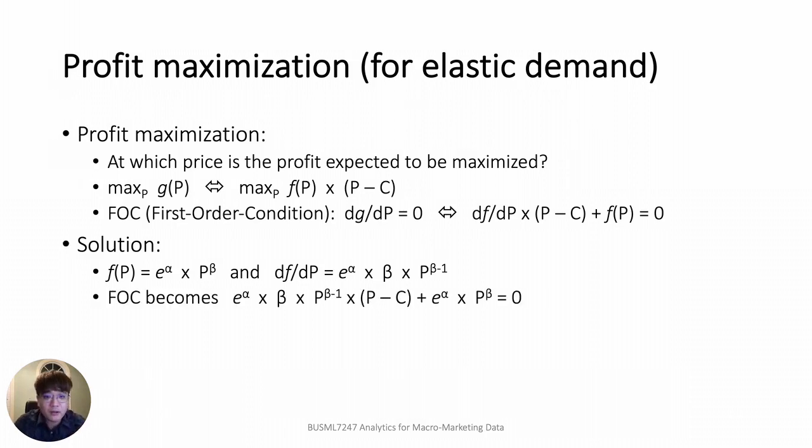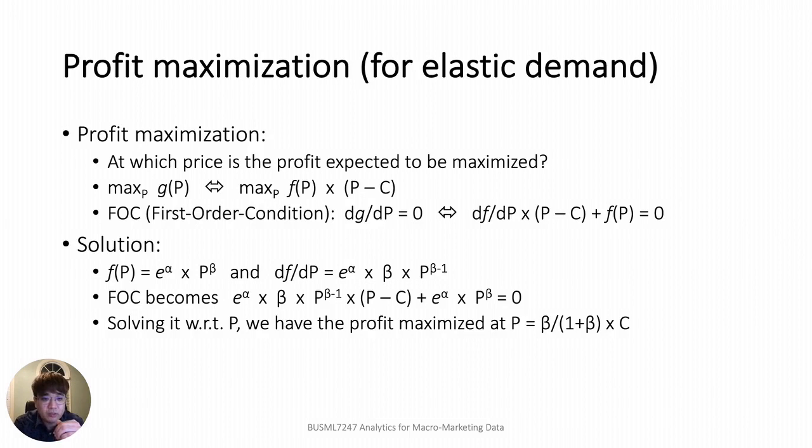Then, plugging the function and its derivative into the first order condition, we have an equation of p: e to the alpha times beta times p to the beta minus 1 times p minus c, plus e to the alpha times p to the beta is equal to 0.